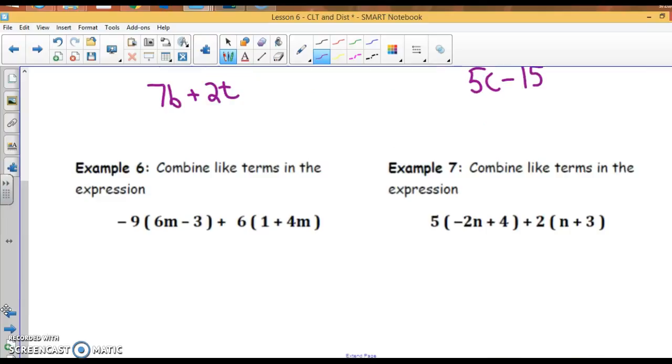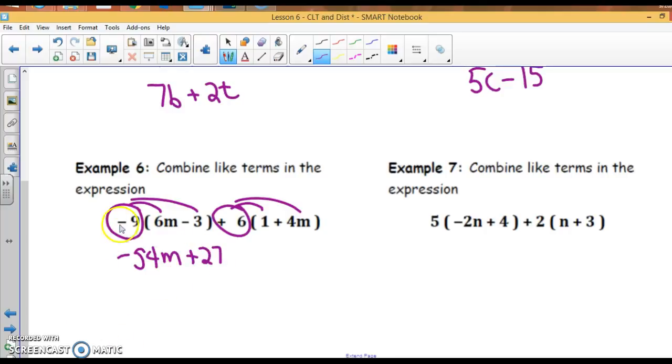All right, I need to distribute first. So I'm going to distribute a negative 9 to that quantity and a positive 6 to that quantity. Negative 9 times 6m is negative 54m. Negative 9 times negative 3 is positive 27. Positive 6 times positive 1 is positive 6.